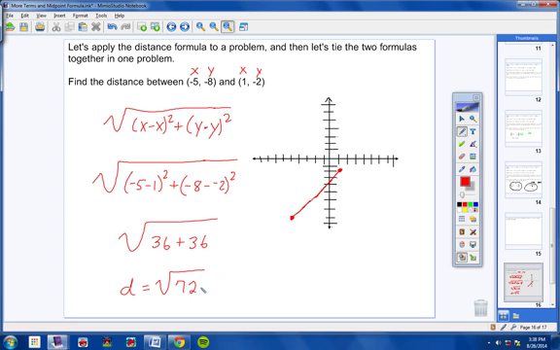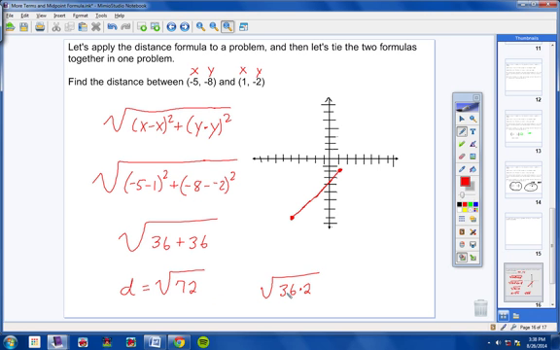I will say one more thing about 72. Hopefully you remember this from Algebra 1 or Algebra 2. You can break 72 down into 36 times 2, because 36 times 2 is 72.